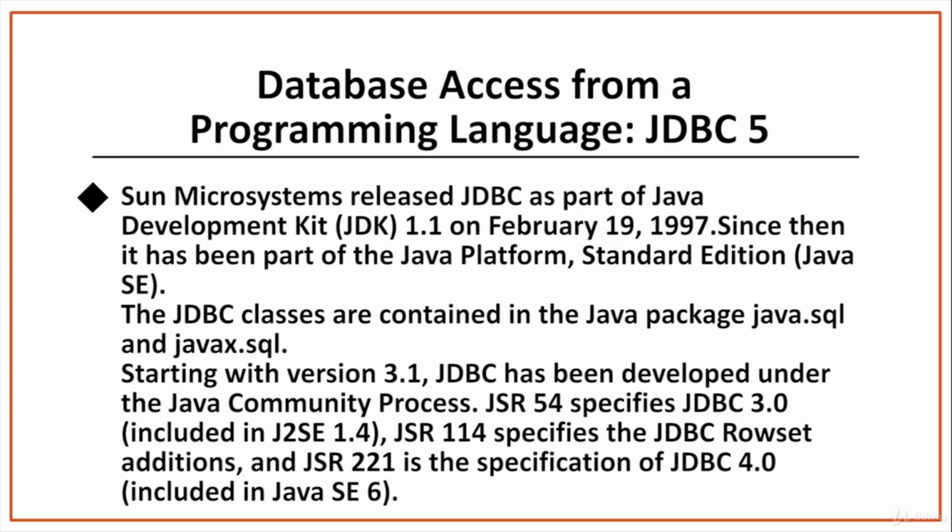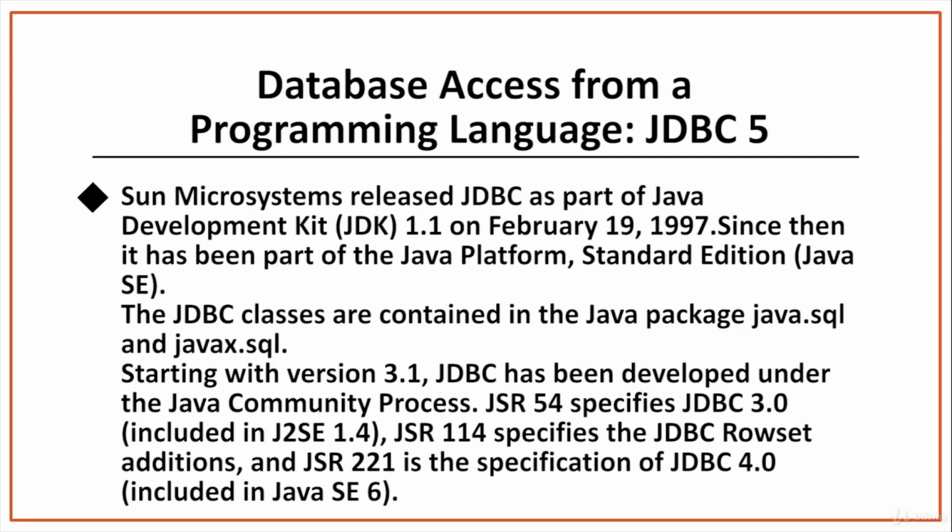Since then, it has been part of the Java Platform Standard Edition, or Java SE. The JDBC classes are contained in the Java packages java.sql and javax.sql. Starting with version 3.1, JDBC has been developed under the Java Community Process.